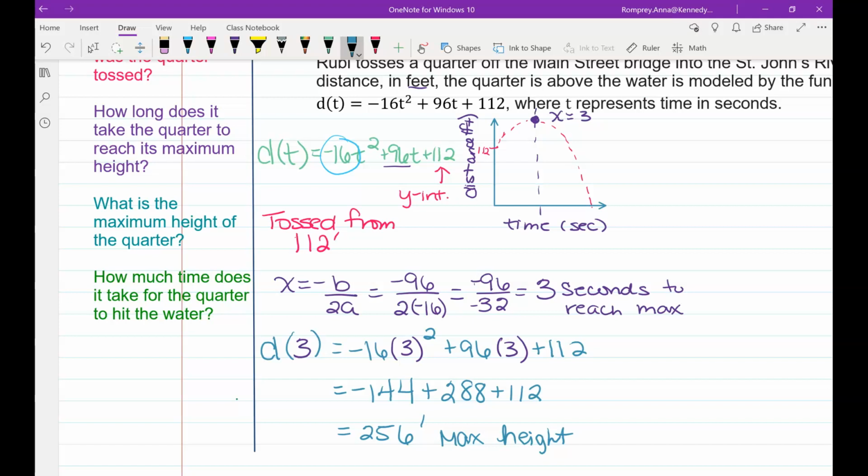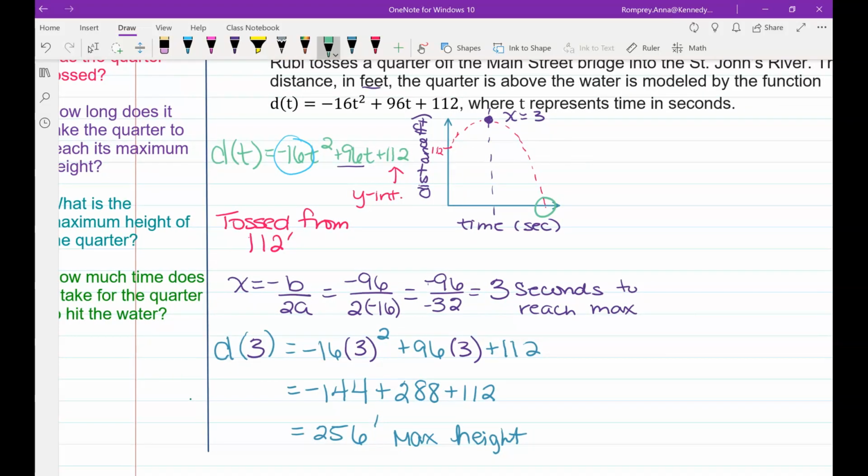Last piece. So those are the main pieces of a quadratic that we need to look at. Our y-intercept, all about the vertex. So if I wanted to write the vertex as an ordered pair, it would be 3, 256, and our zeros. So how much time does it take for the quarter to hit the water? Let's find out. So if I want to know where it hits the water, what's that distance or that height? 0.